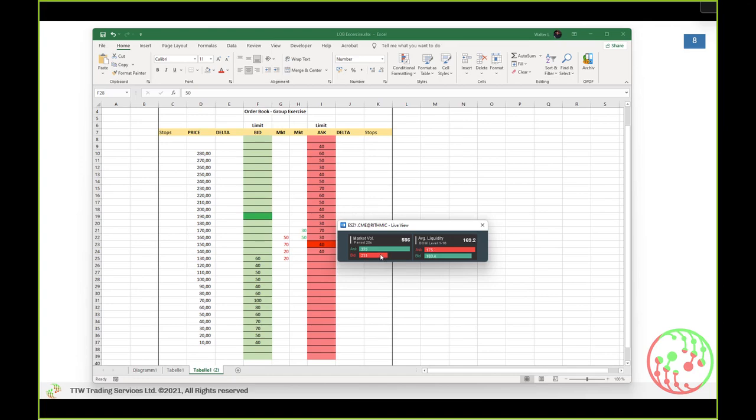So we should go up. Just not to confuse, it depends on the liquidity. We have 176. So in this situation it will go up. I'm just a little bit confused because of the ask and bid here.